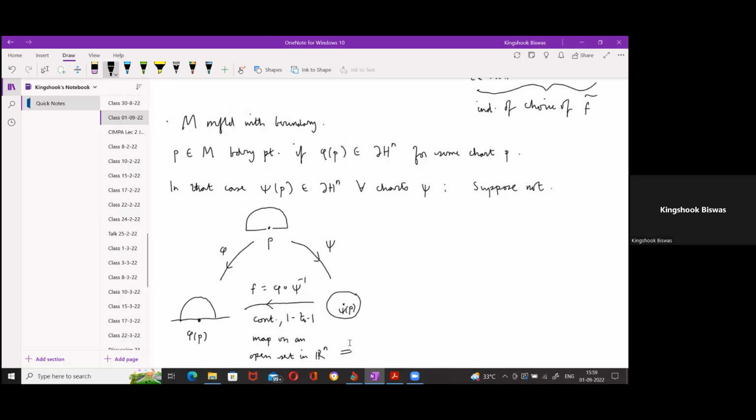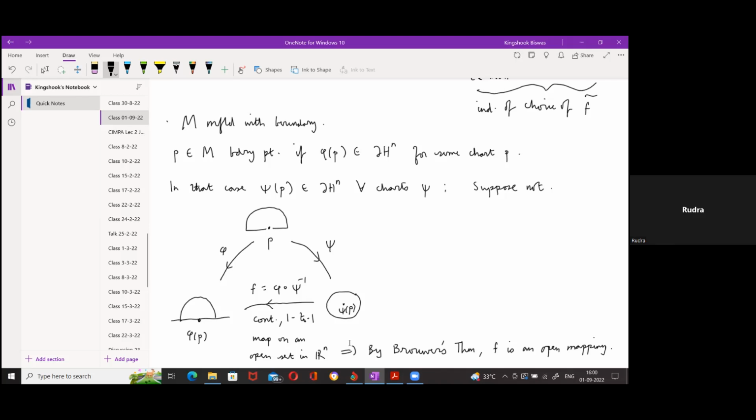But then this implies, by Brouwer's invariance of domain, which is a deep theorem, that F is an open mapping. Right?